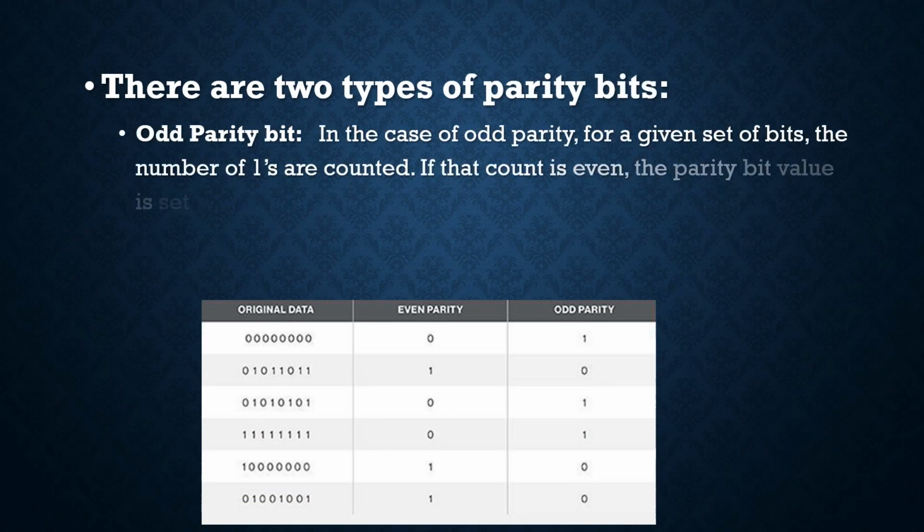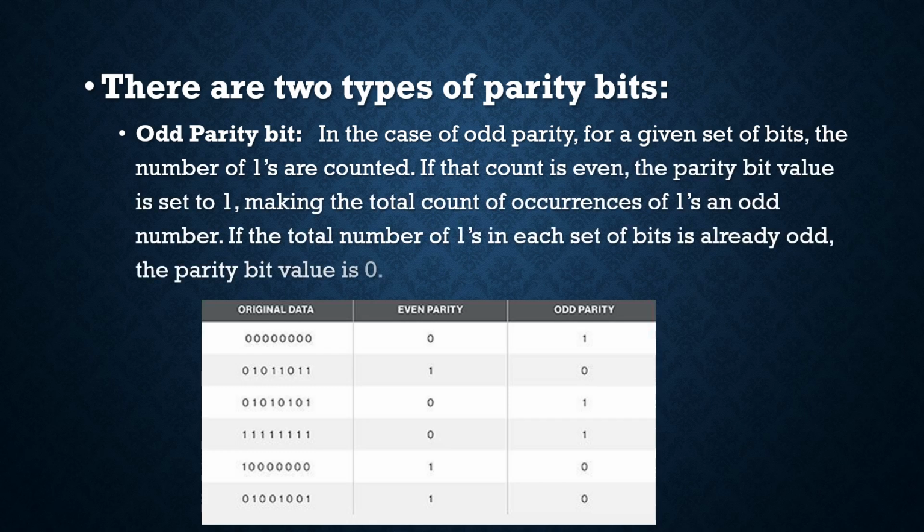Odd parity bit. In case of odd parity, for a given set of bits, the number of ones are counted. If that count is even, the parity bit value is set to 1, making the total count of occurrence of ones an odd number. If the total number of ones in a given set of bits is already odd, the parity bit value is 0.